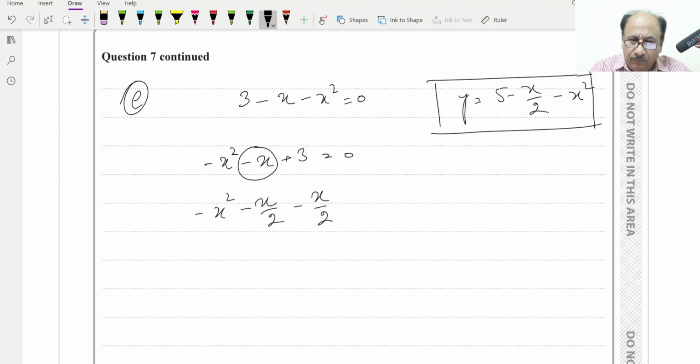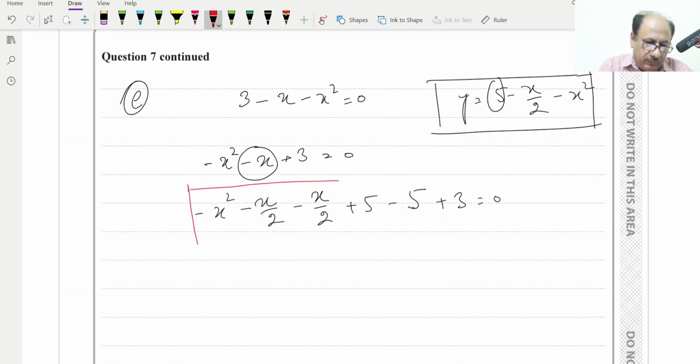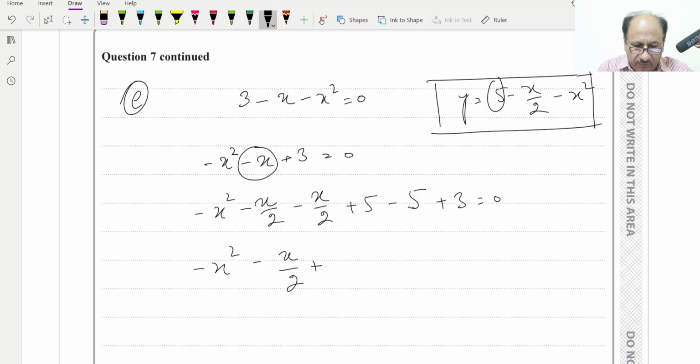And plus 5 is also deficient, so I will add plus 5 and minus 5, and this tail portion plus 3 I will write here. First I'll rearrange, then I will write minus x squared minus x over 2 plus 5, and the remaining portion minus 5 minus x by 2 plus 3 is equal to 0 is the other portion which is remaining.